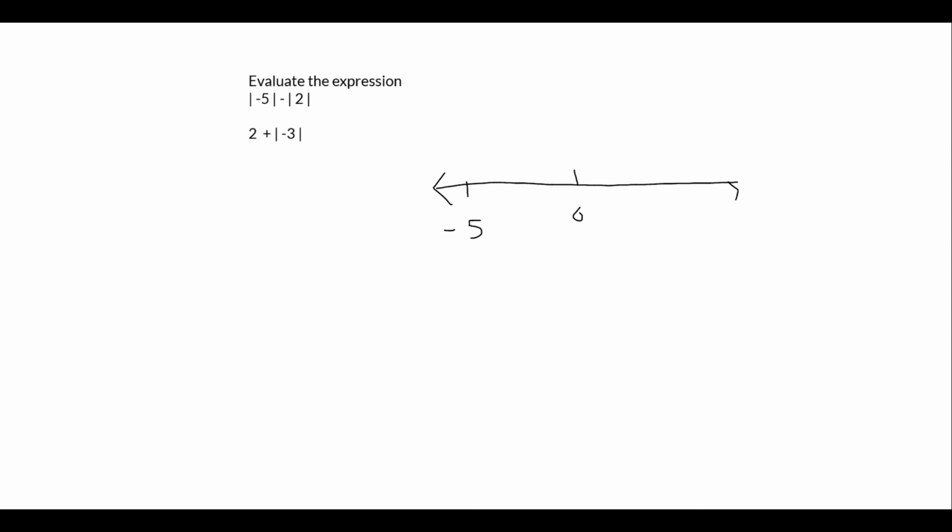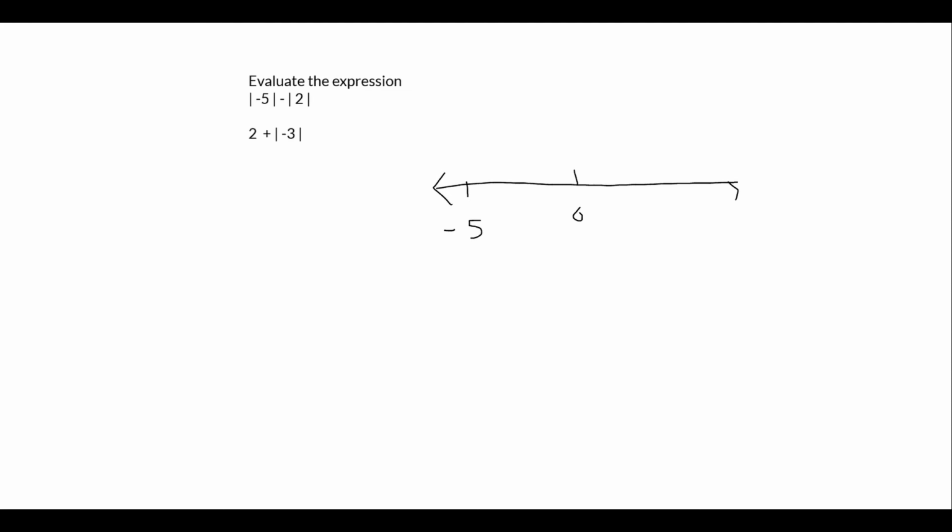Okay, so now we're going to evaluate an expression. We have the absolute value of -5 minus the absolute value of 2. So we're going to figure out what the absolute value of -5 is, and if we need to, we can draw a line diagram. We have 0. We're just going to put -5 right here. So what is the distance from -5 to 0?